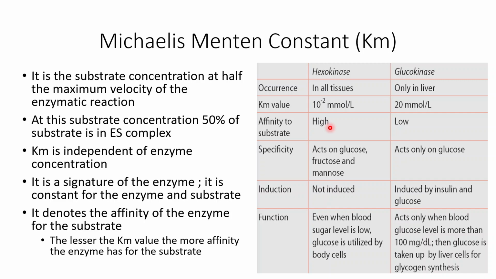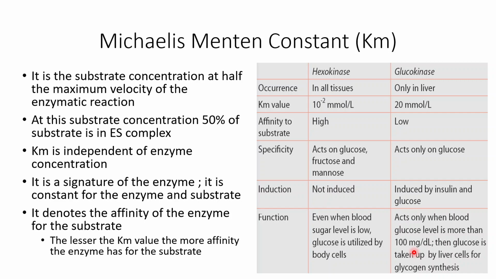If you look at specificity, hexokinase acts on glucose, fructose, and mannose, whereas glucokinase acts only on glucose. What is more important is, even when the sugar level is low, glucose is utilized by the cells by hexokinase. Glucokinase acts only when the blood glucose level crosses more than 100 milligram per deciliter.